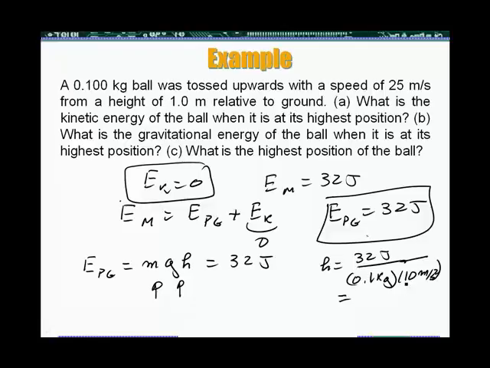So this gives us 32 meters, which is quite high. This is the height relative to ground, by the way, since the 32 joules is relative to ground. And that's because from the onset we calculated the mechanical energy relative to ground.